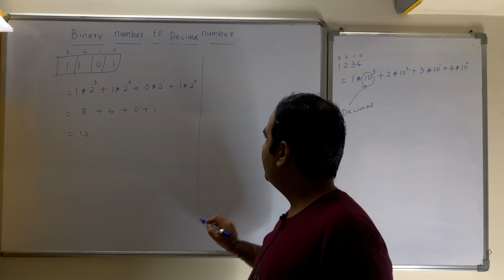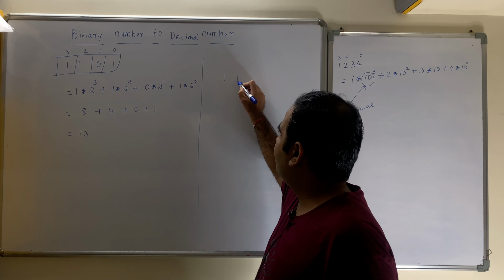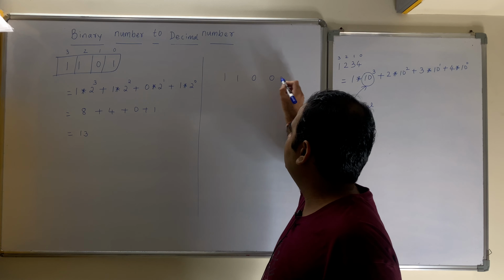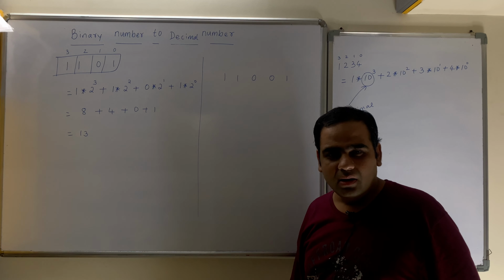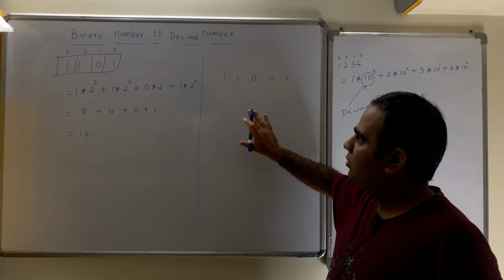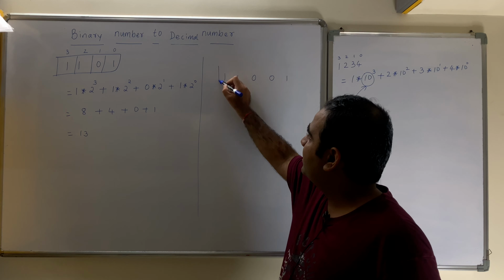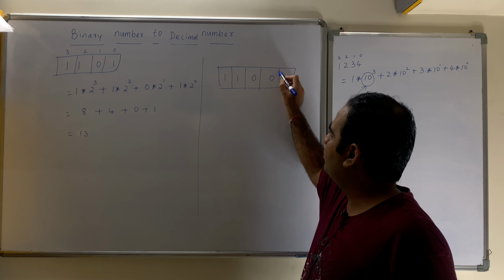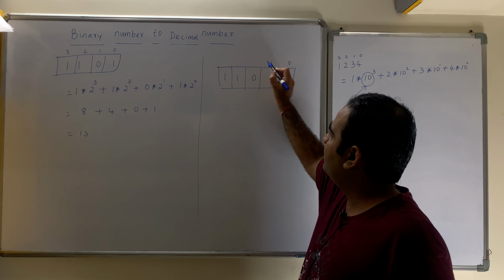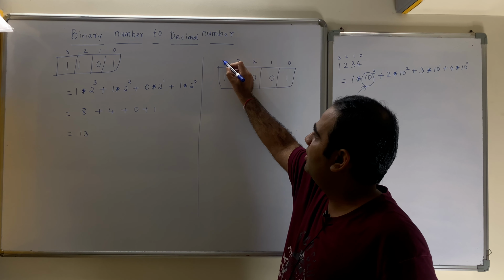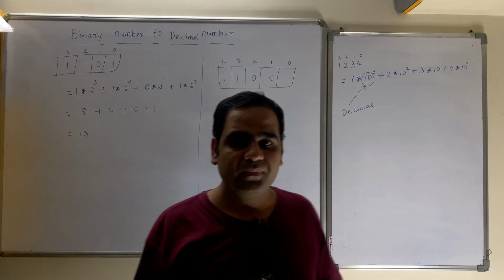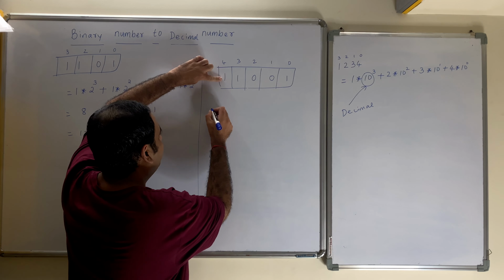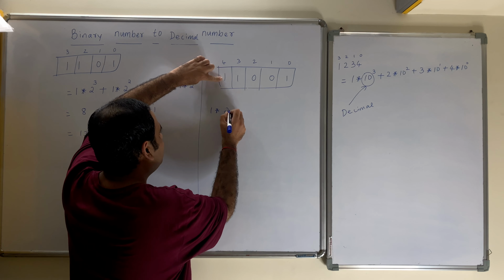Let's take another example. Suppose we have the number 11001. Let's convert this number to decimal. What is the first thing that we write? We write the placeholders: units place, tens, 100, 1000, 10,000 and so on. Now we write 1 into, why 2 to the power?